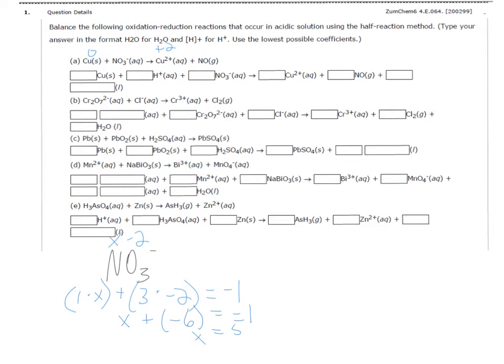X works out to be 5. So within the nitrate ion, nitrogen's oxidation state is 5. Oxygen's is -2.